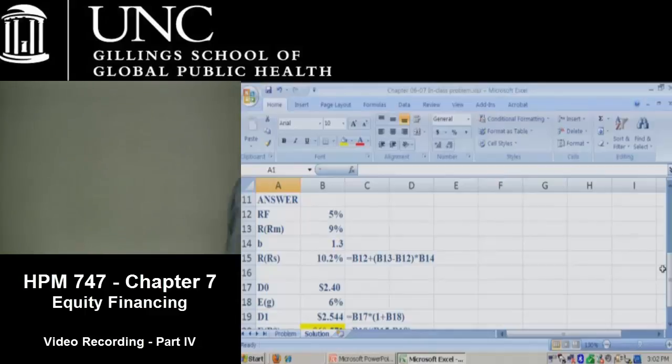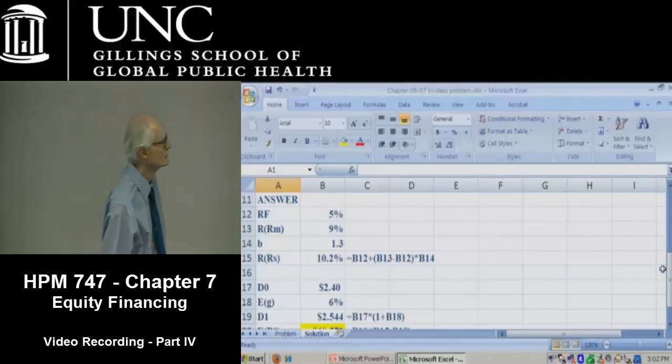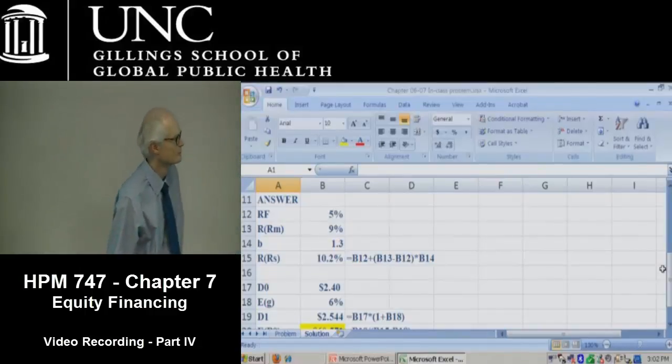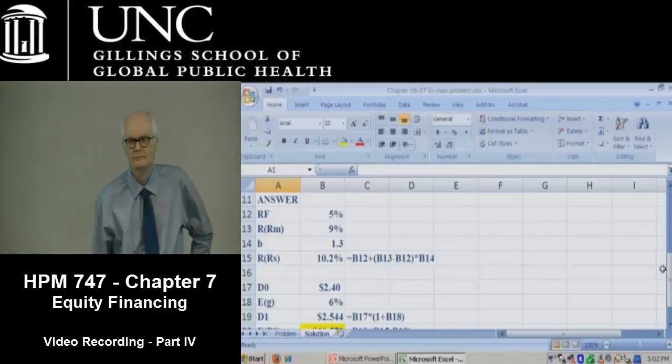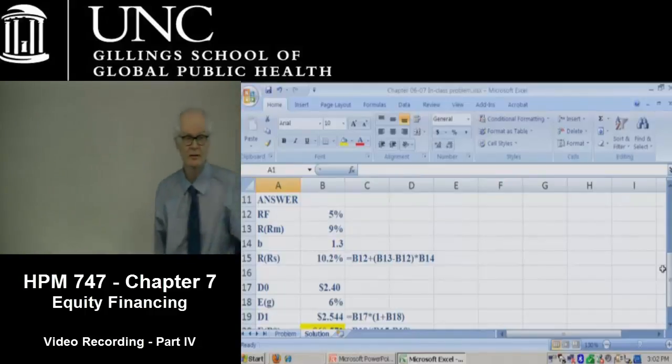And then divided that by the required rate of return, which is the return on the market minus the risk-free rate, which is 4%, times the market beta of 1.3 added to the risk-free rate. And I got 10.2 for that. And then you subtract the 6% growth rate, so you divide the 2.54 by 4.2%. So that's the exact arithmetic that I did here.